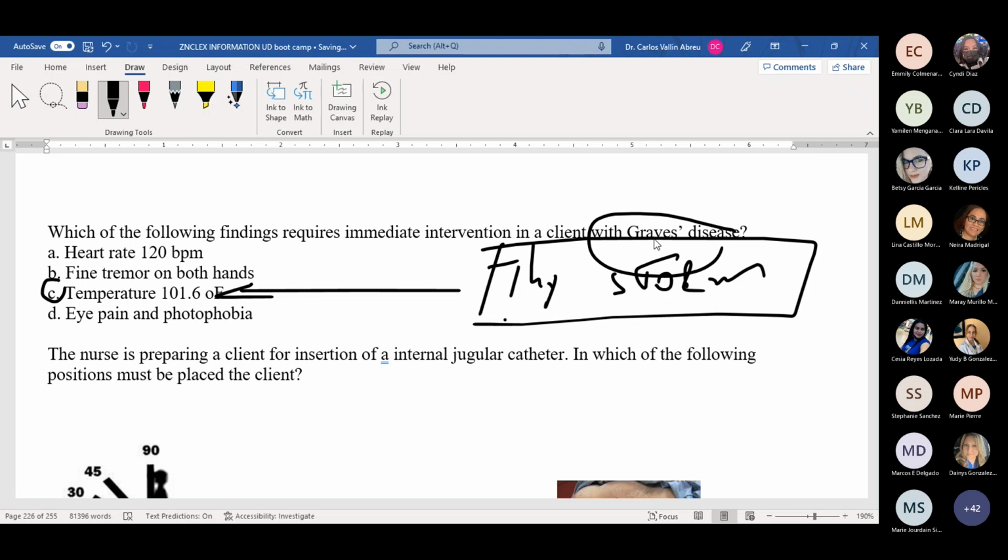The anti-thyroid medication, like the methimazole and propylthiouracil, that are medications that decrease the production of thyroid hormone, are very slow acting, very slow acting. That's why, yes, they are important, they're included, but are not a priority.